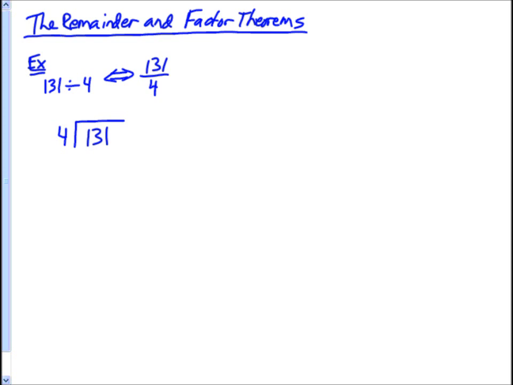4 goes into 13 how many times? 3 times, right? 3 times 4 is 12. Then you subtract that 12, you get 1. You bring down the 1, you get 11. 4 goes into 11 twice. 2 times 4 is 8, and you have to remember to subtract the 8, and you get 3. That's your remainder.